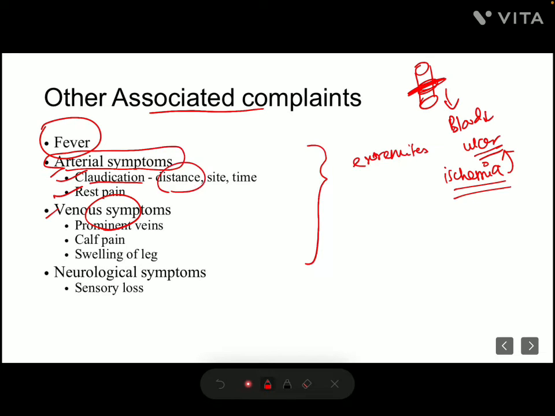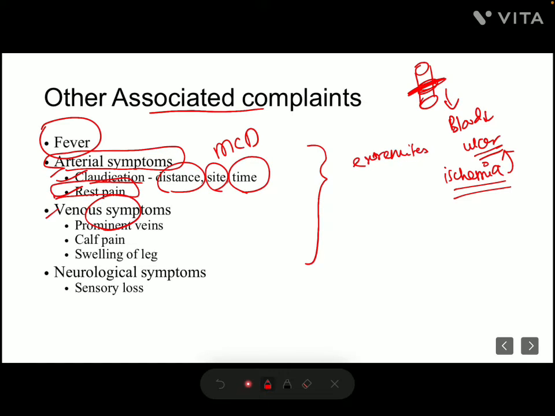So what do we mean by claudication distance? We have something called MCD, maximum claudicating distance. It is the maximum distance that the patient is able to walk without stopping due to the excruciating pain. So the site is where the patient has this claudicating pain, and time is how long he can walk without stopping due to pain.